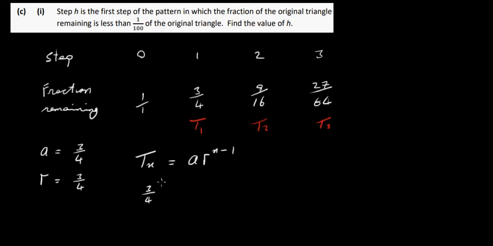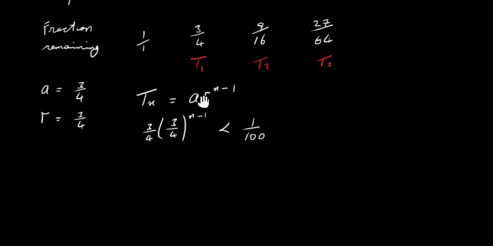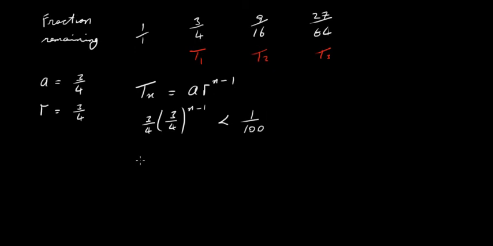Our A is 3/4, the R is 3/4, and we have an n minus 1 up here. We want this to be less than 1 over 100. So what we've got to do here is work out what this n is, the step number. This is our value for H, if you like. So let's just work this out.